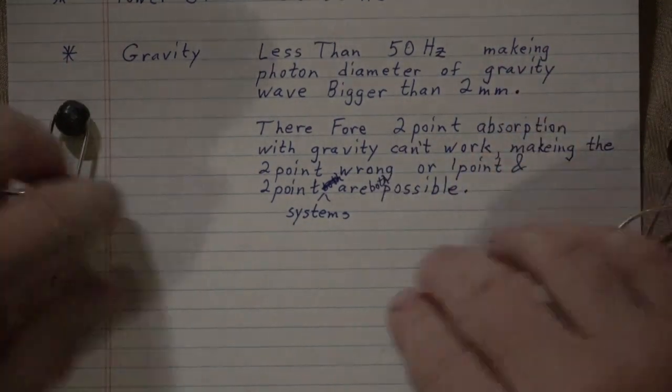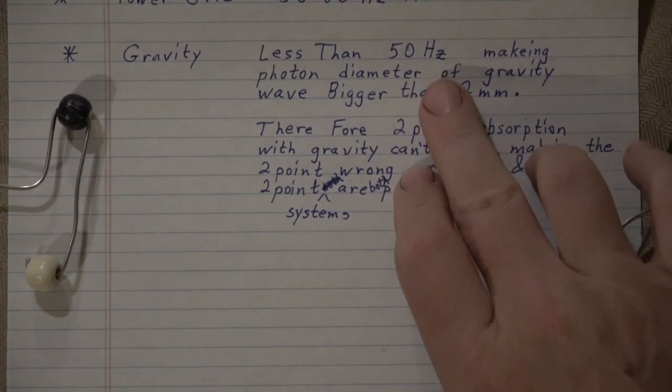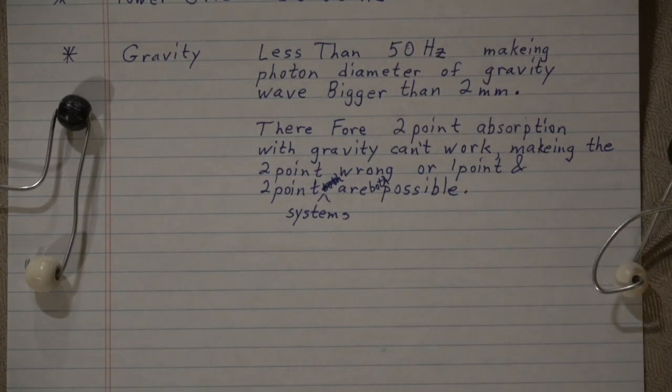And gravity being less than 50 hertz suggests that one-point absorption is possible. So who knows what this theory will bring? Maybe someone will do some more math on it and find other aspects to it.